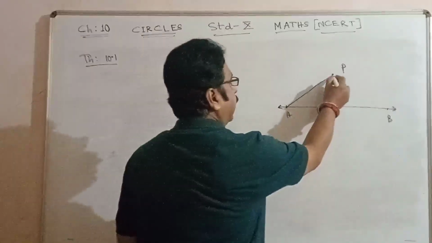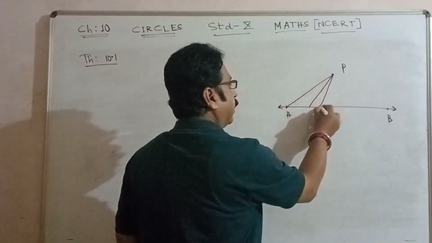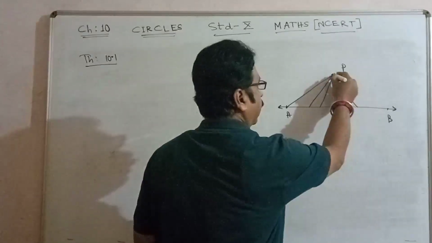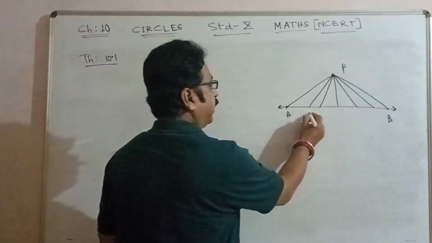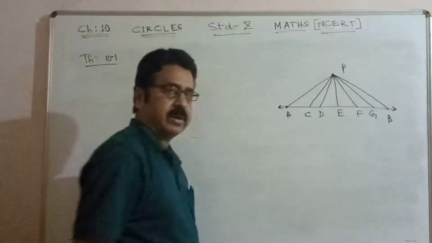In this way, we can get many distances. Suppose C, D, E, F, G, etc.